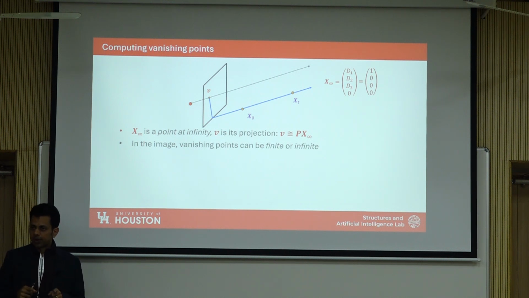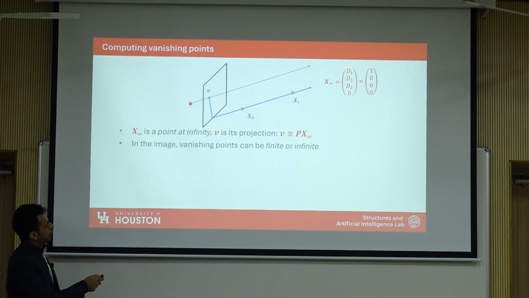It is where parallel lines in the real world intersect on the image plane. But in the real world, those parallel lines will never intersect, or they intersect at infinity. So V is the image of x infinity. Does that make sense?